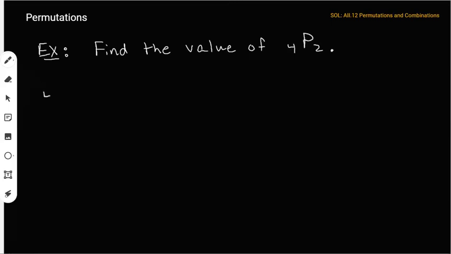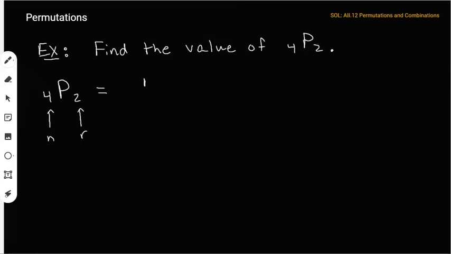When we're given 4p2, we have to figure out what the total number is. That's going to be this 4 right here. That's going to be my n number. And then the number of chosen objects is going to be my r value. That's going to be 2. So I'm going to use these two numbers to put inside of the formula.